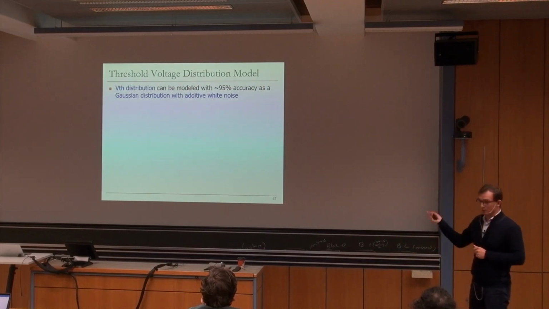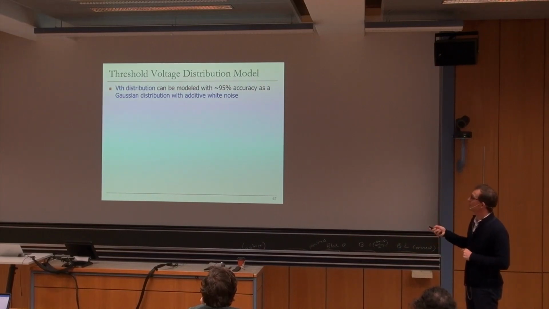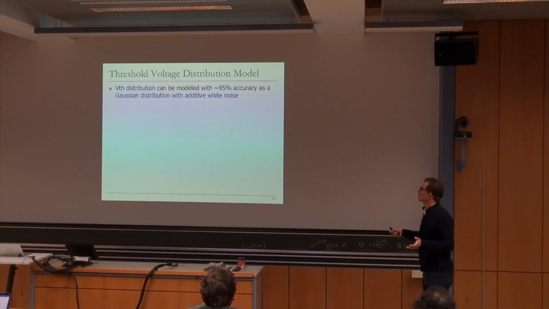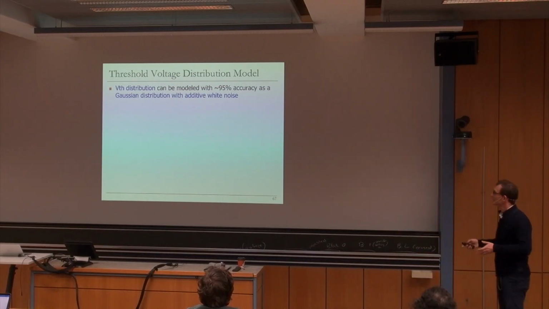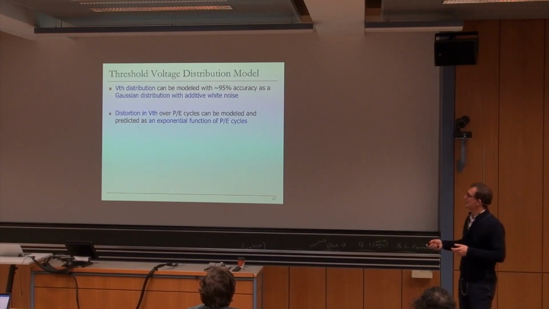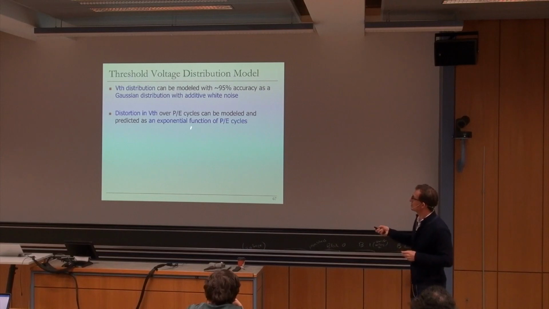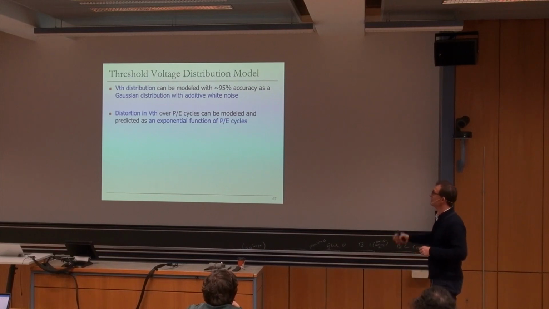Okay, so that's one example. Basically, we concluded at that time that the threshold voltage distribution can be modeled with relatively good accuracy as a Gaussian distribution with additive white noise. You can model the distortion in the threshold voltage distribution over program/erase cycles as an exponential function of the program/erase cycles.